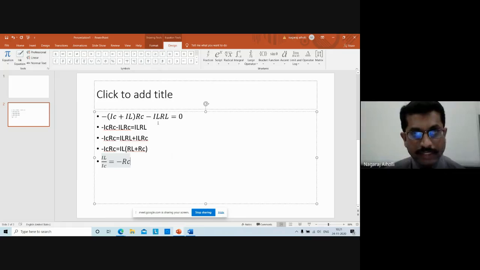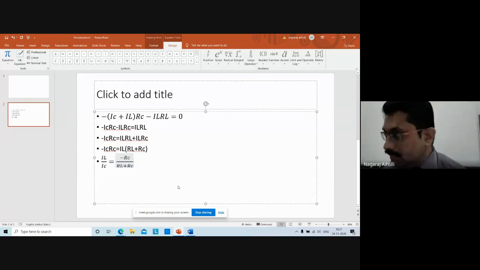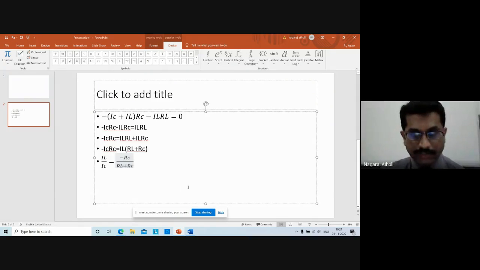Just rearrange the terms. Therefore, the equation for IL by IC is minus RC divided by RL plus RC. Right? We got one equation. Let us take it as equation 1.